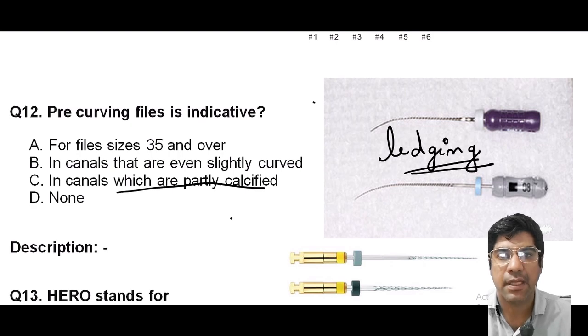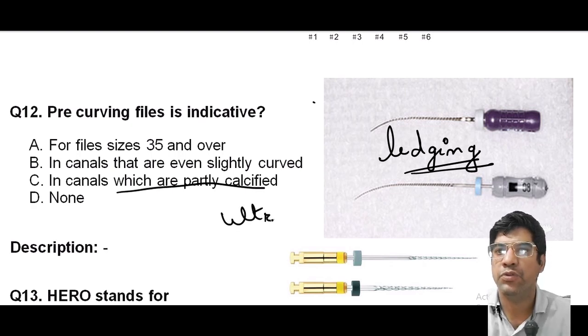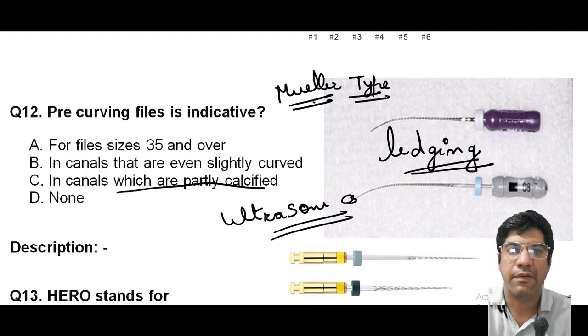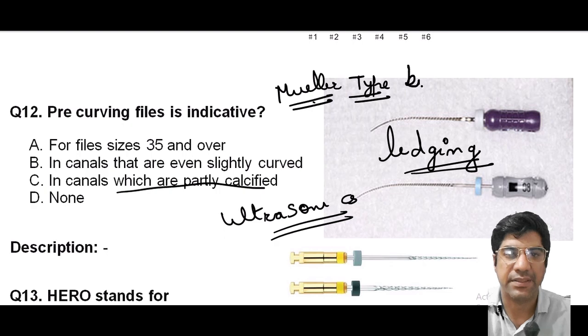Ultrasonic tips, along with Mueller type burrs, can be used to manage the calcifications.